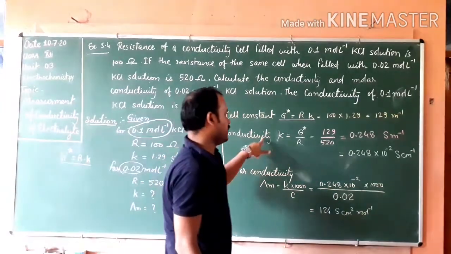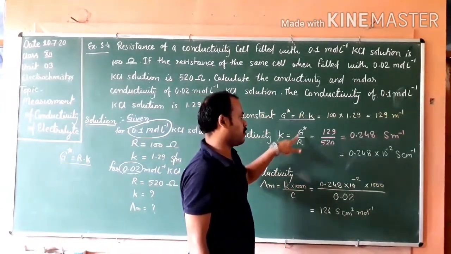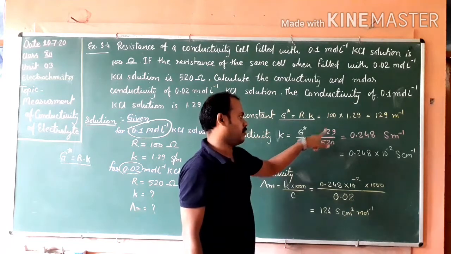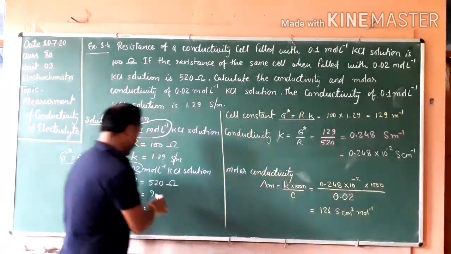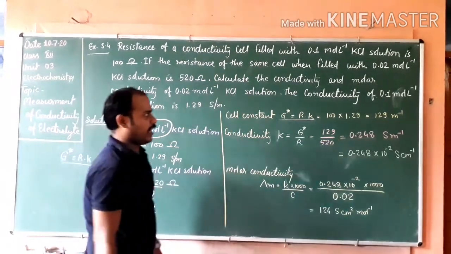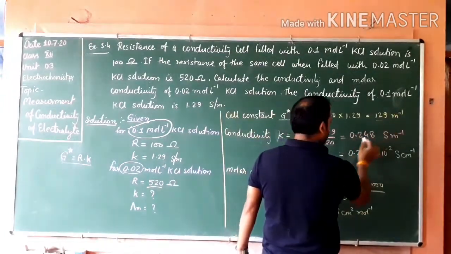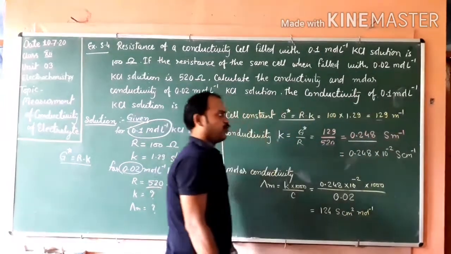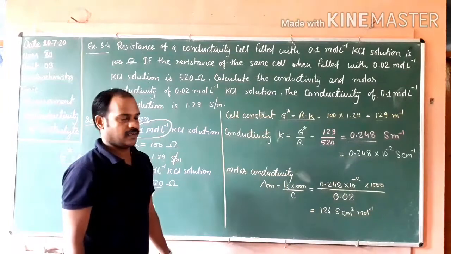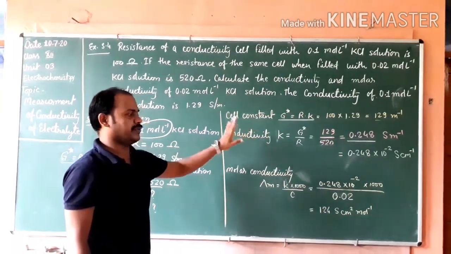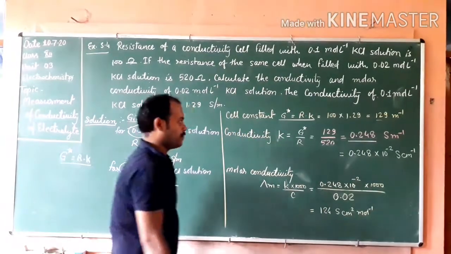So the conductivity kappa will be equal to cell constant by resistance, 129 by 520. These are given values, 520 and 129. So the answer will be 0.248 Siemens meter inverse. This is the conductivity of this cell.